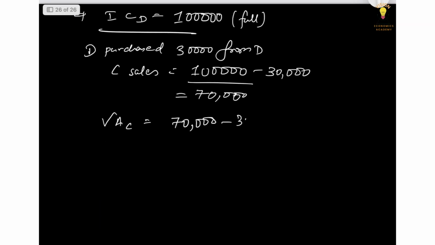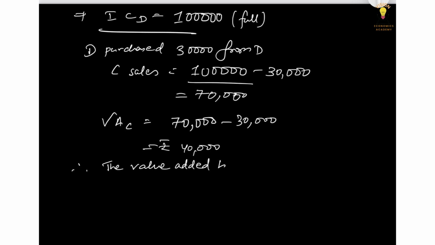So it will be 40,000. Therefore the value added by firm C equals 40,000.